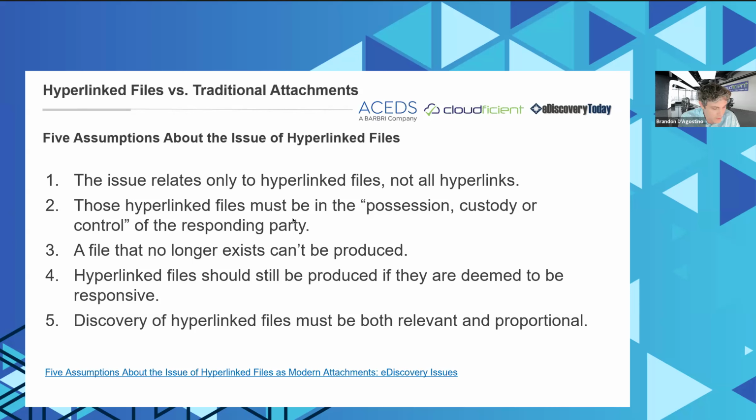So it gets tricky. I know we've always used in eDiscovery this parent-child relationship, right? So we talk about document families. Hyperlinks really are references to a file versus being a true attachment. And so I think of them almost as nieces and nephews, maybe cousins. They're part of the extended document family, but that reference puts us on notice that there is a potentially relevant document that should be reviewed for relevance, right?